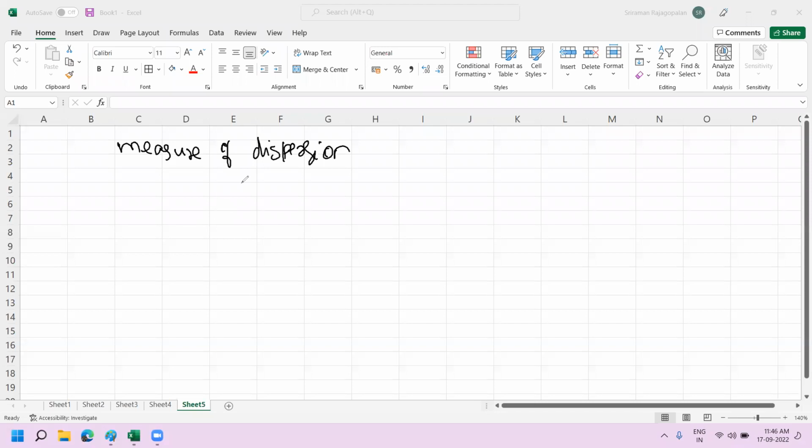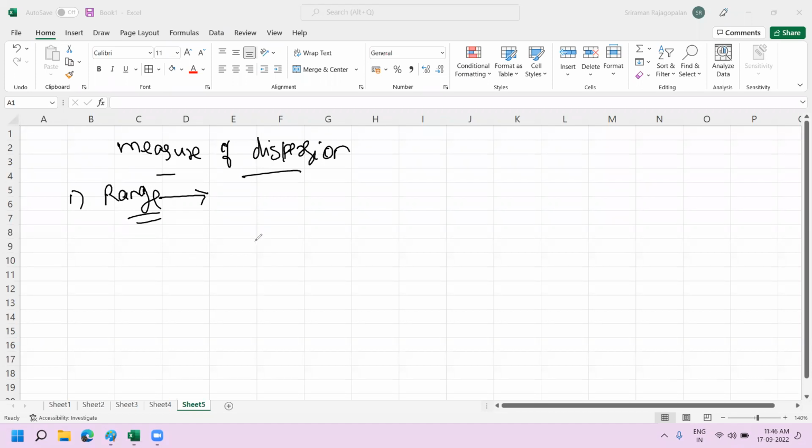This measure is used when we want to find out, from the central value or from the mean, how is my data distributed on both sides. Okay. So in the first, we have a range, which is the measure that finds how my data is distributed.